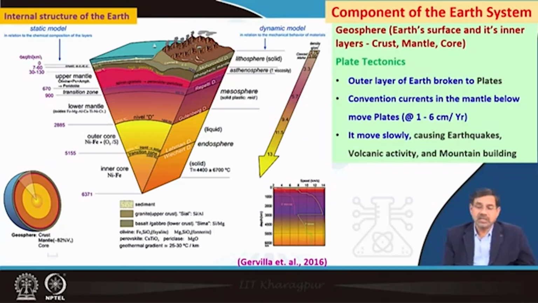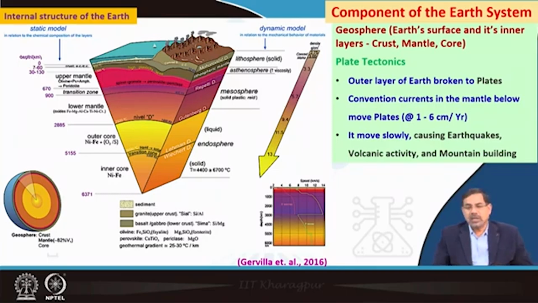On the other side, this is in terms of the density level, and when we go down, we have the upper mantle, a lower mantle, and in between you have a transition zone, and down below you have the earth's core, the outer core and the inner core, which has a dominant composition of nickel and iron.